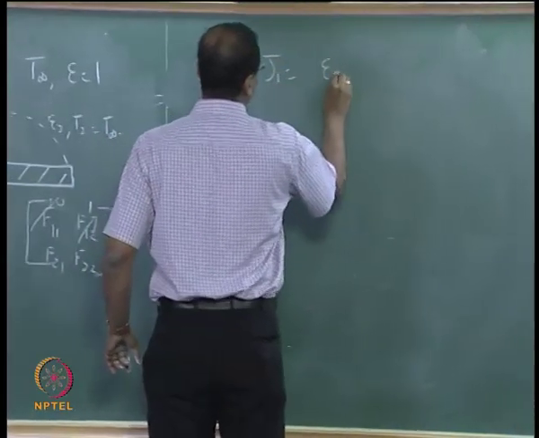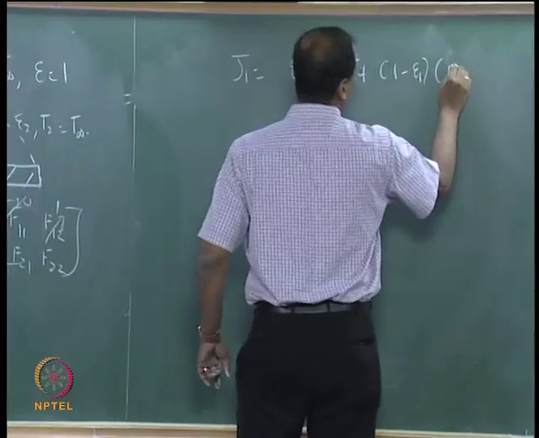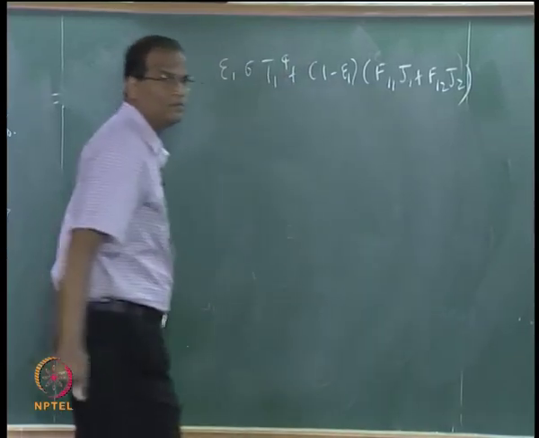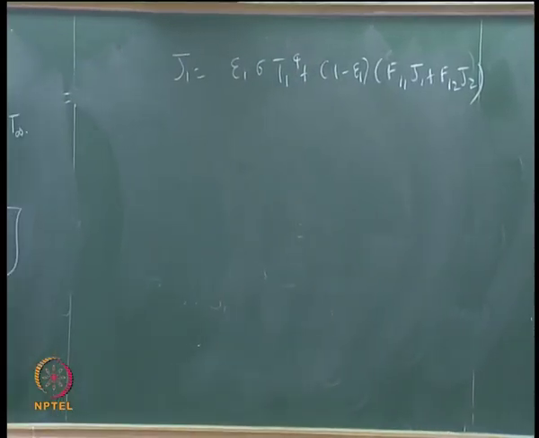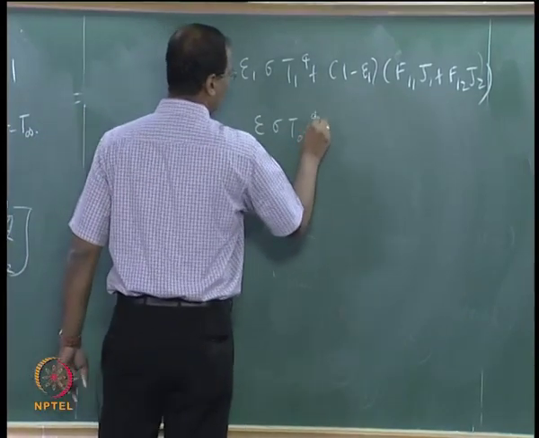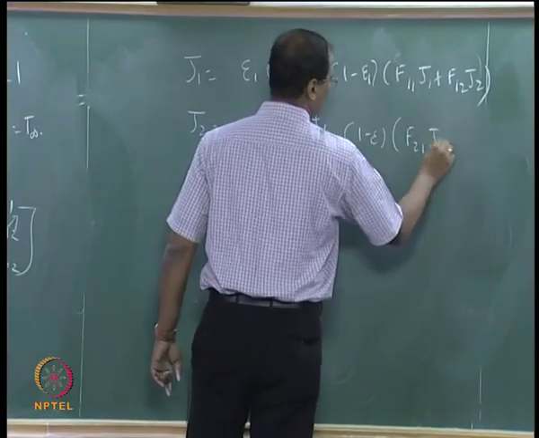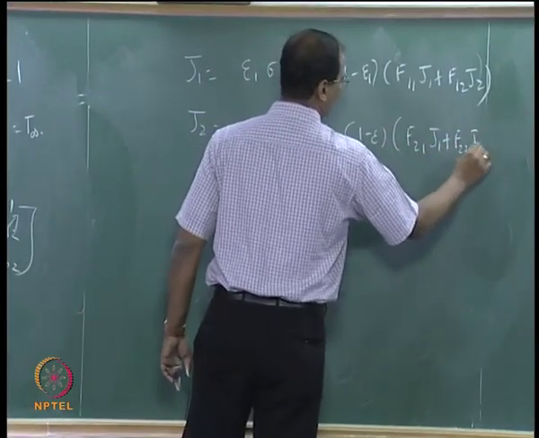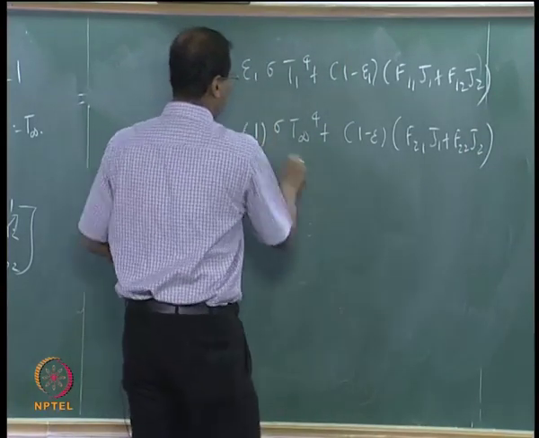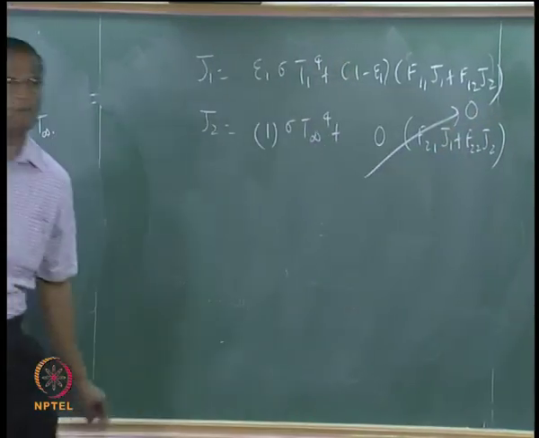J1, this is 1, that gets knocked off, right.